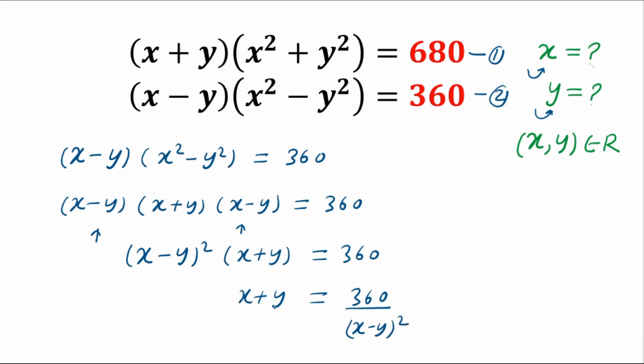Now put the value of x + y in equation number first. Equation number first is (x + y) multiplied by (x² + y²), and this equals 680.